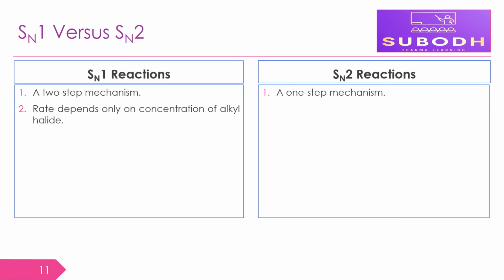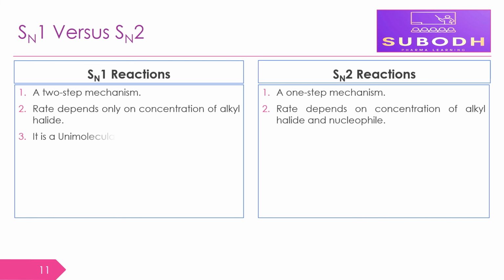In SN1 reaction, the rate of reaction depends on the concentration of alkyl halide, and in SN2 reaction, the rate of reaction depends on the concentration of alkyl halide and nucleophile. SN1 is a unimolecular nucleophilic substitution, and SN2 is a bimolecular nucleophilic substitution.